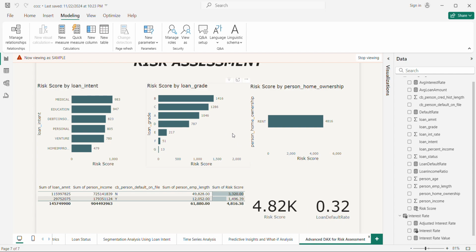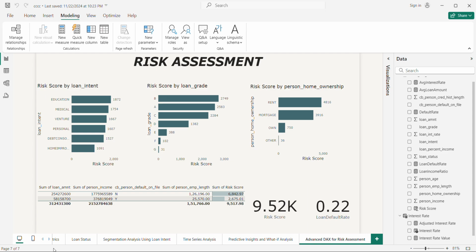So it shows that person only the rent data, which is processed as a security concern. Just click on Stop Viewing to get back the whole data.